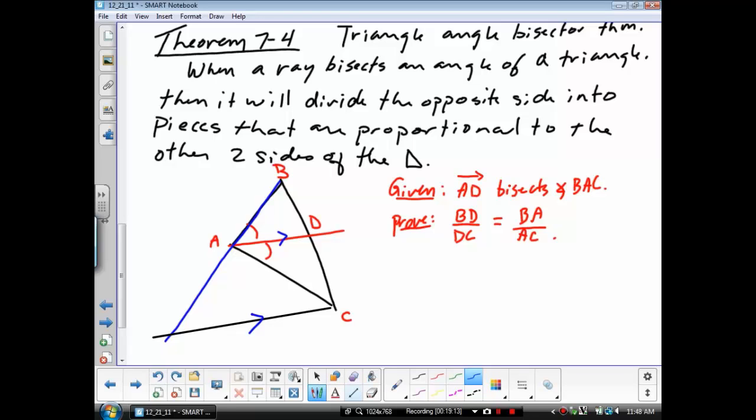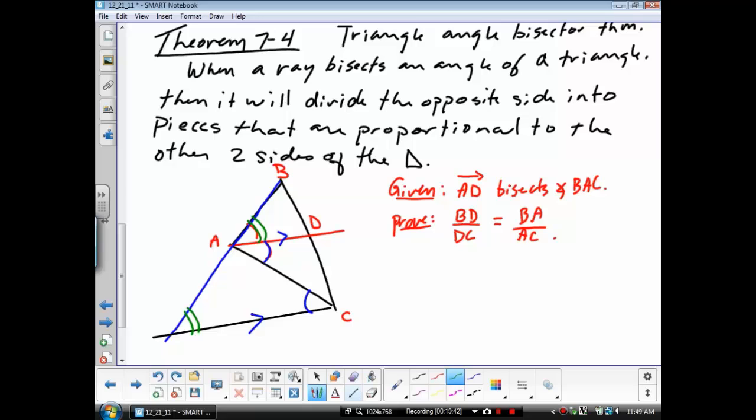Now, because we have parallel lines, we have some congruent angles. Alternate interior angles are congruent, so these angles are congruent. And corresponding angles are congruent. So these angles are congruent, but don't we know that that is an angle bisector?